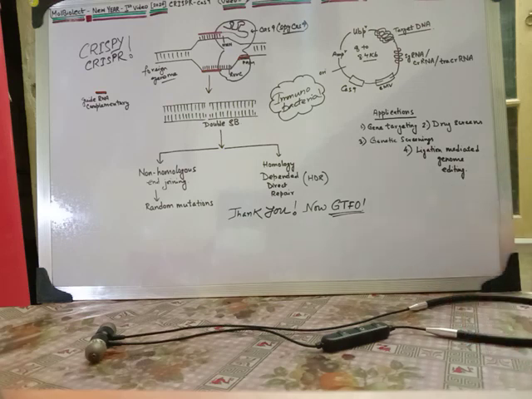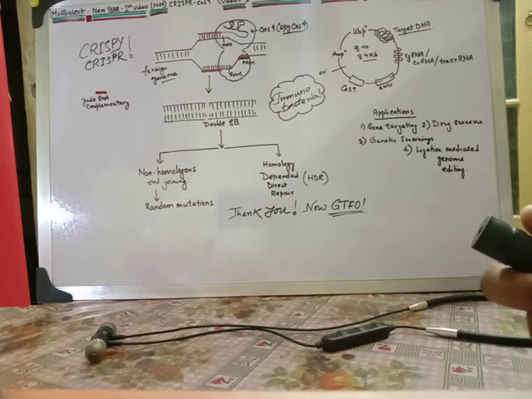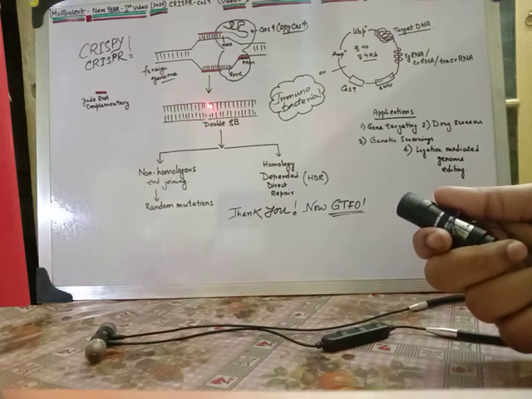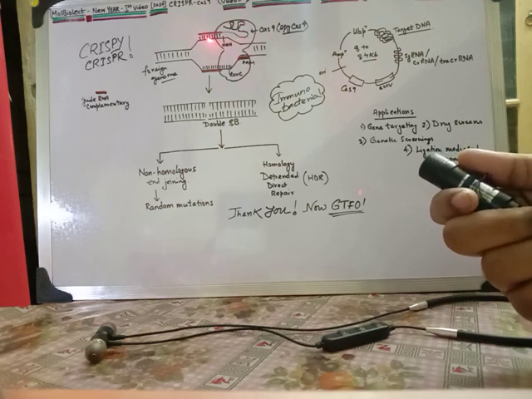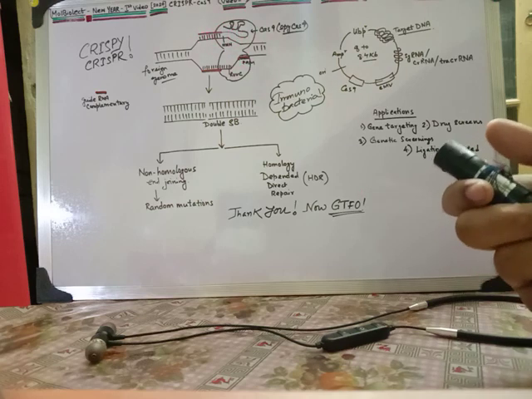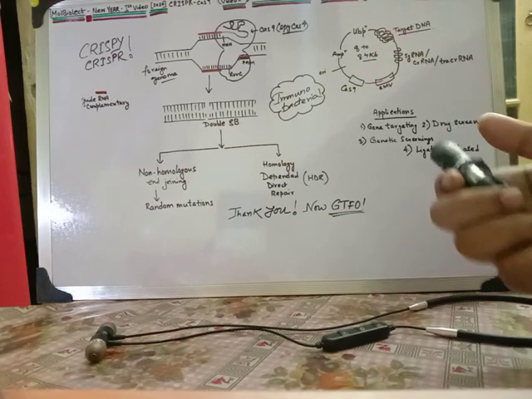We humans always try to take account of natural systems and modify them in such a way that we can make a different system utilizable by us. So what we do is that we actually induce this kind of double-stranded breaks. Now the Cas9 identifying this particular PAM sequence is basically done by something known as the sgRNA.